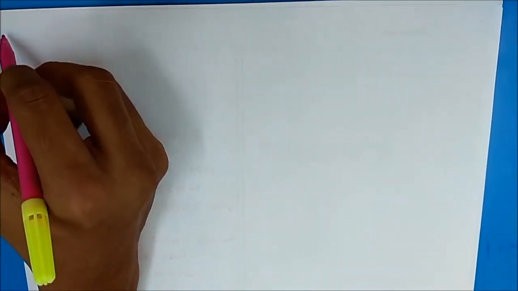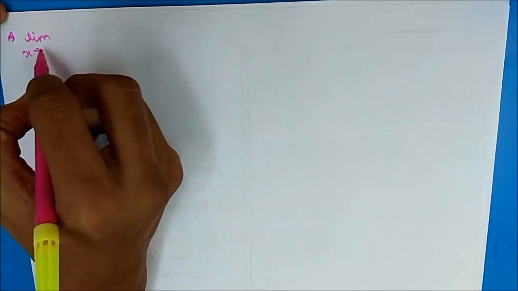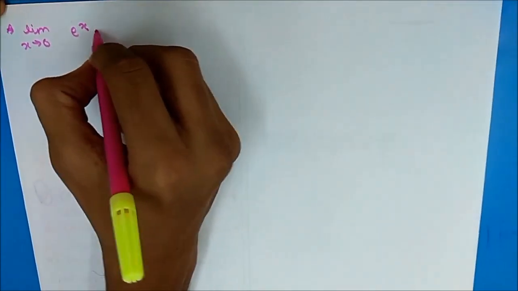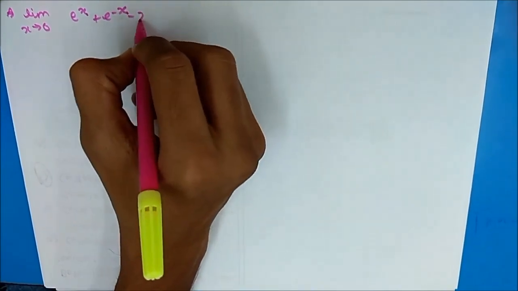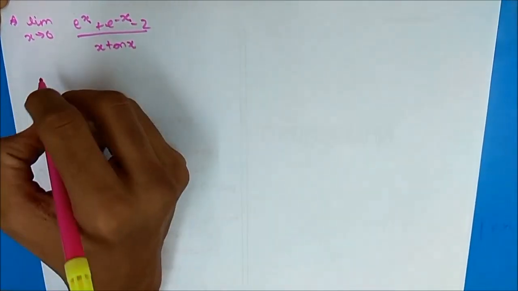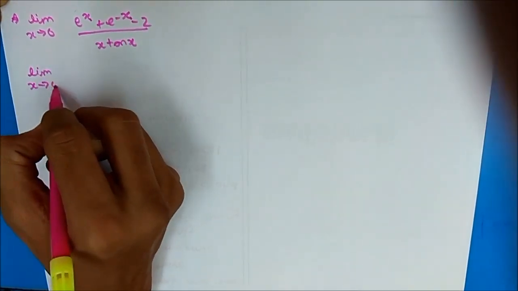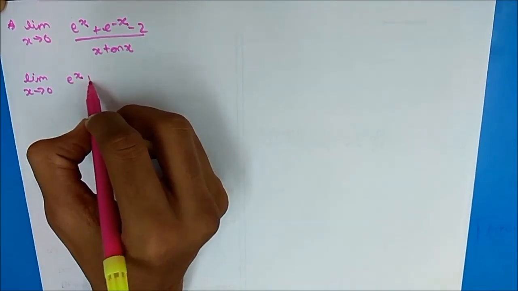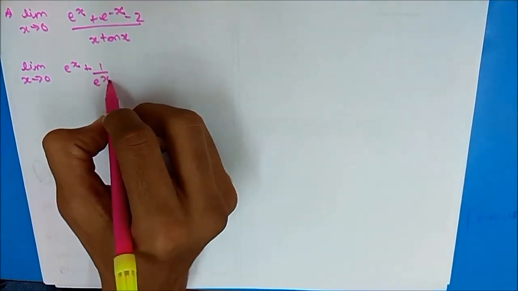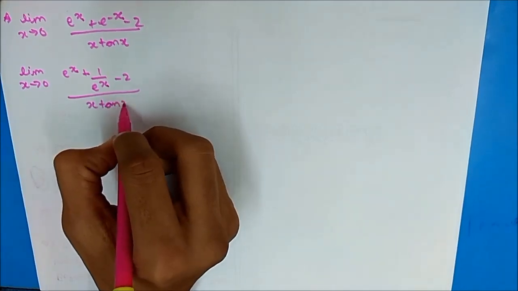The other sum we are going to take is limit x tends to 0 of e raised to x plus e raised to minus x minus 2 upon x tan x. So the solution would be limit x tends to 0 of e raised to x plus 1 upon e raised to x minus 2 upon x tan x.